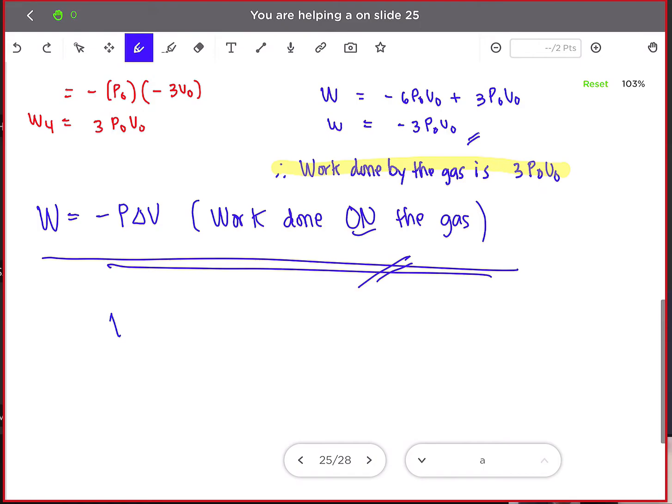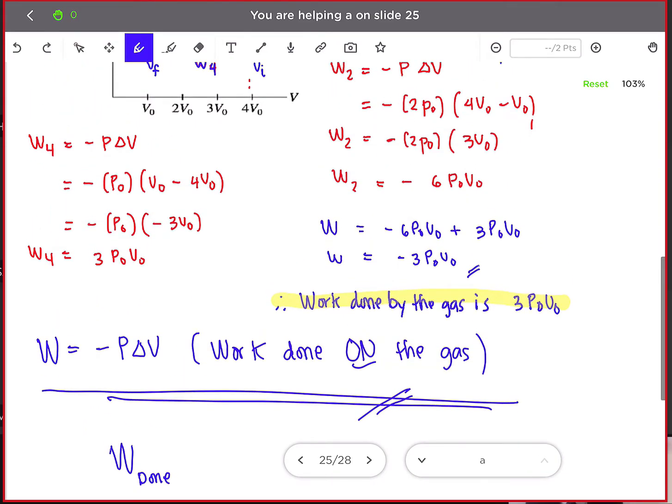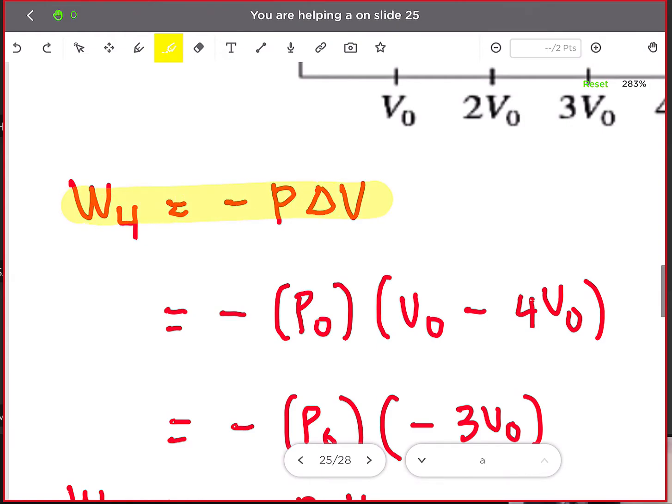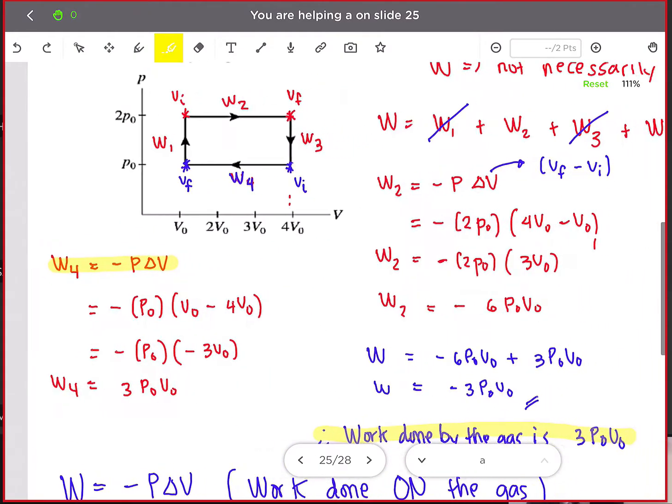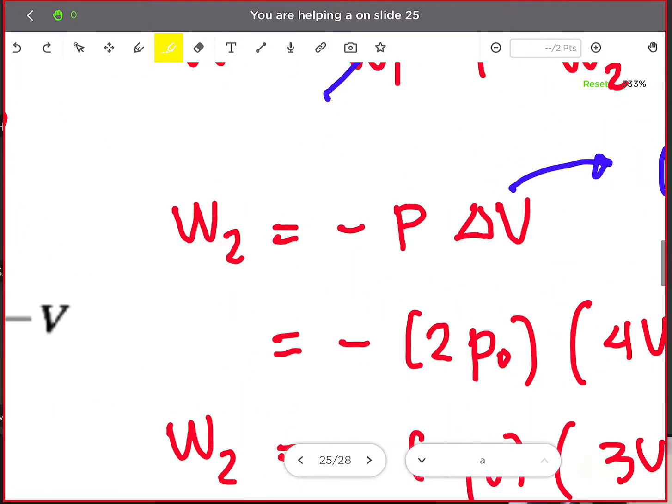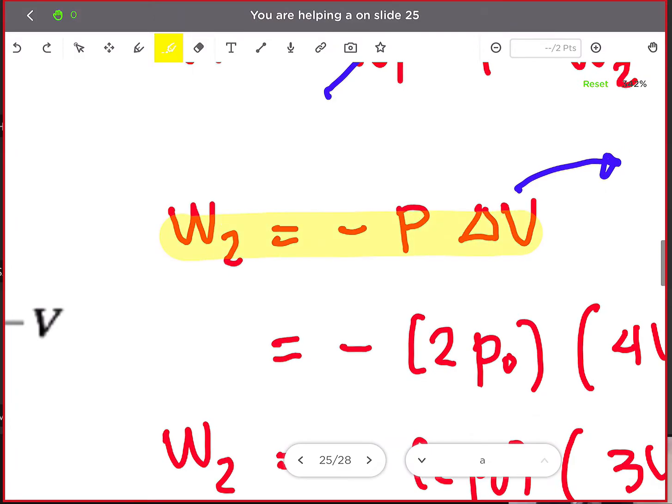So, sir, if one of the answers were positive, do we add it? No, if one of the answers were positive, then you choose that answer, because the formulas we have been using, the formula for work 4 and the formula for work 2, are all work done on the gas.